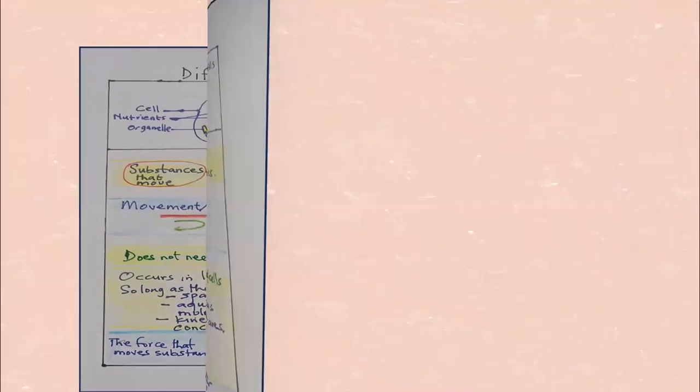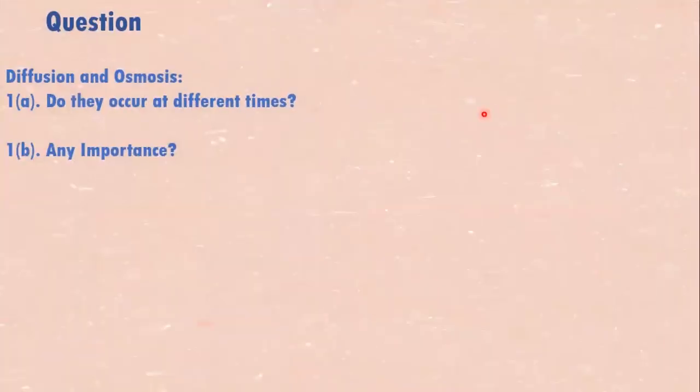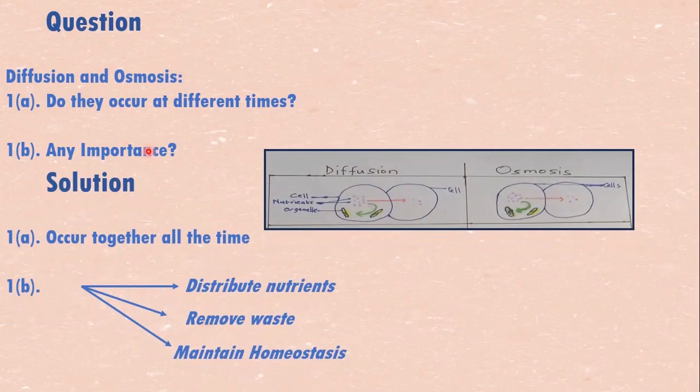Well, we have a few questions to ask on diffusion and osmosis. Do they occur at different times? Is there any importance? Well, what do you think? They always occur together in the cells and they occur all the time. Diffusion is occurring all the time, gases and solutes.